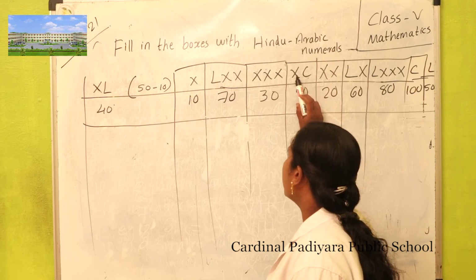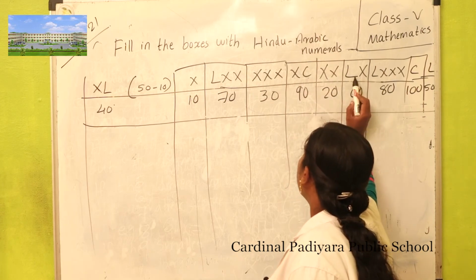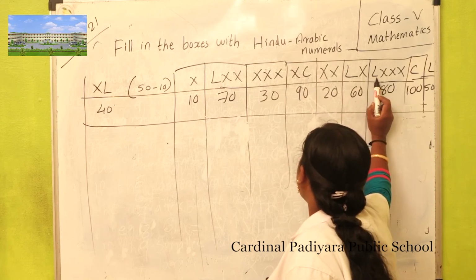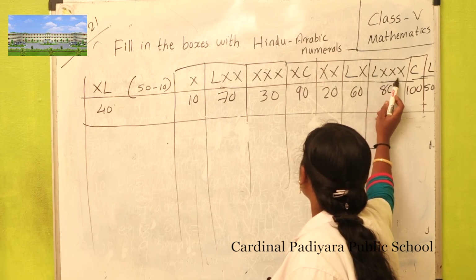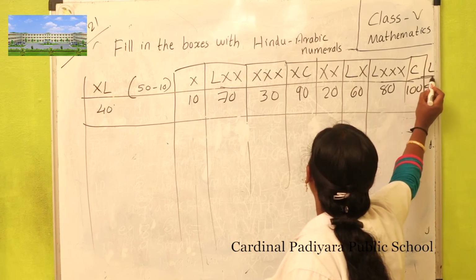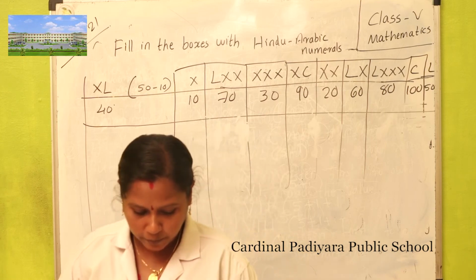Then 100 minus 10, 90. Then XX, that is 20. Then LX, 50 plus 10, 60. Then LXXX, that means 50 plus 30, 80. Then C 100 and L 50. Okay, is it clear?